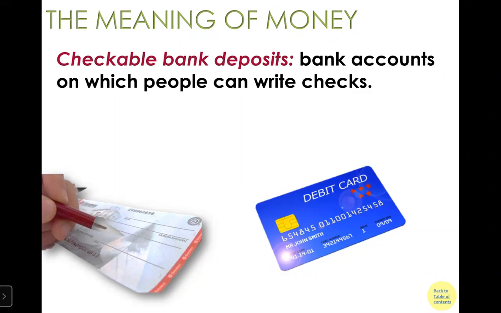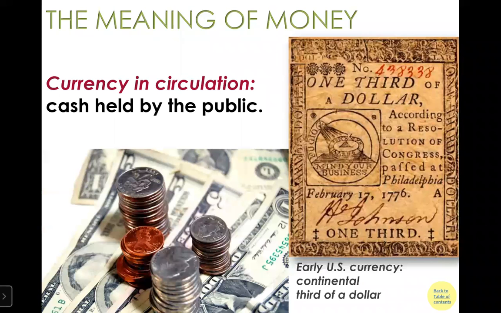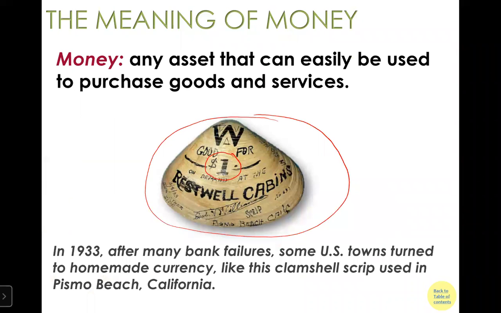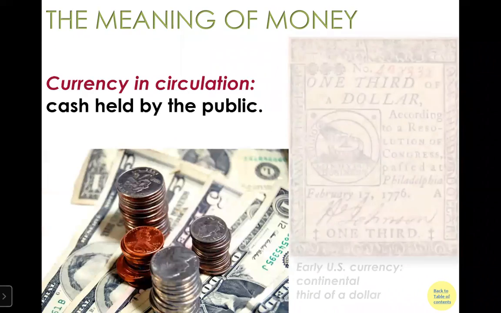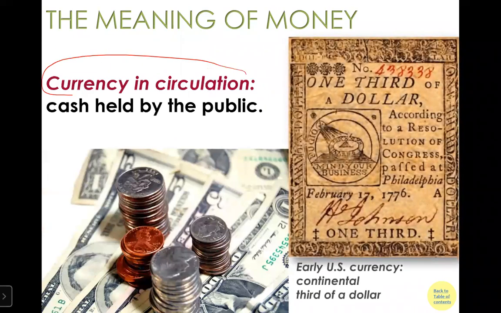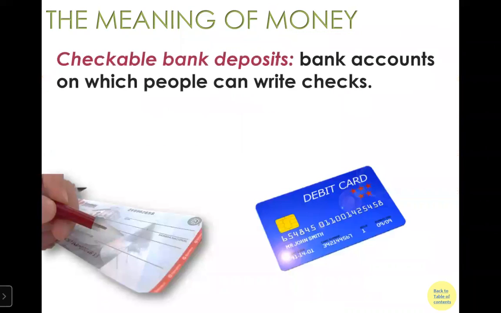Either by swiping your debit card or by writing a personal check, right? All right, so we have talked about three things. First, we looked at the definition of money, and then we looked at currency in circulation. Now the third thing that we just discussed is checkable bank deposit.